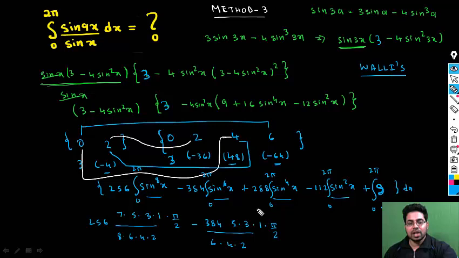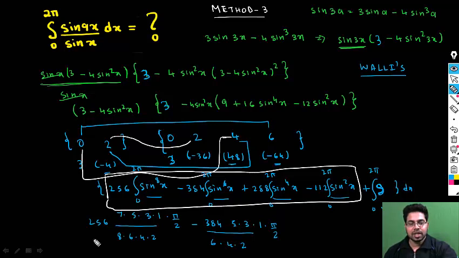And on calculation, we can easily find that this whole expression from here till here, if I go on integrating this way using Wallis's formula, I will get in the end minus 16 pi. And here we are going to get 18 pi. So 18 pi minus 16 pi would ultimately turn out to be 2 pi.